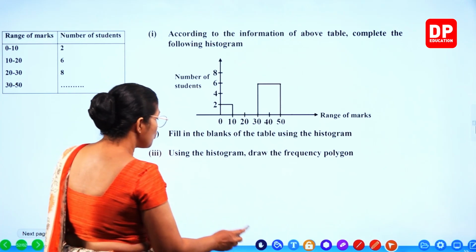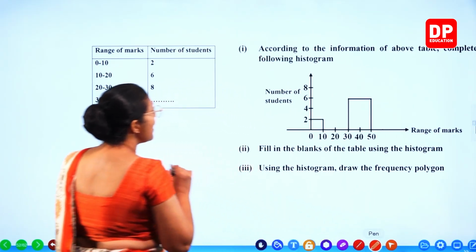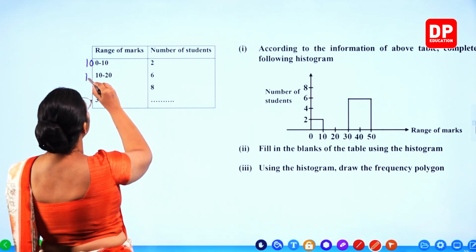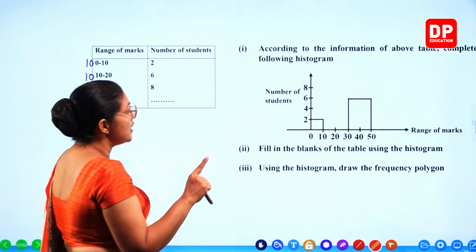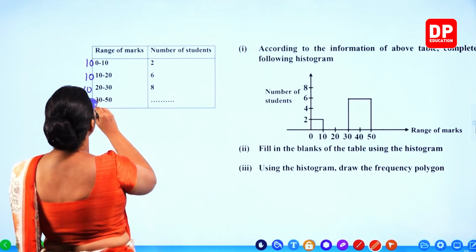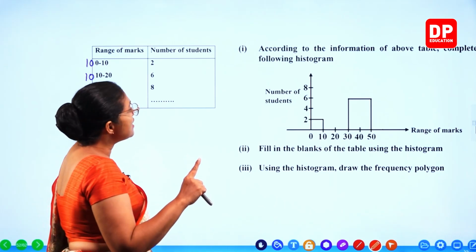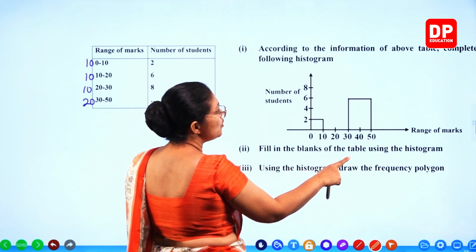First you have to check whether the widths are the same. 0 to 10, the width is 10, 10, 10. And the last one is 30 to 50, so that width is 20. From this, you can straight away draw the histogram. Fill in the blanks of the table using the histogram.